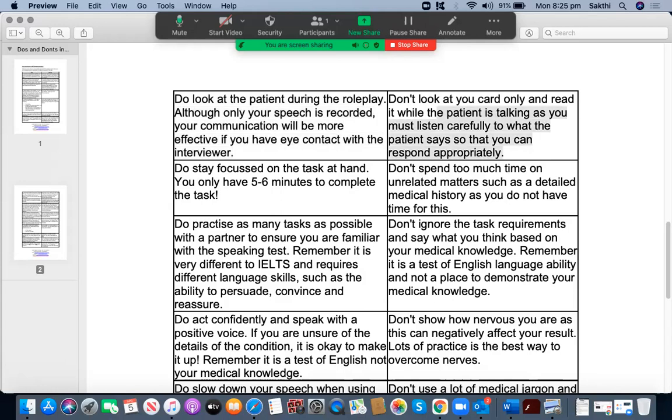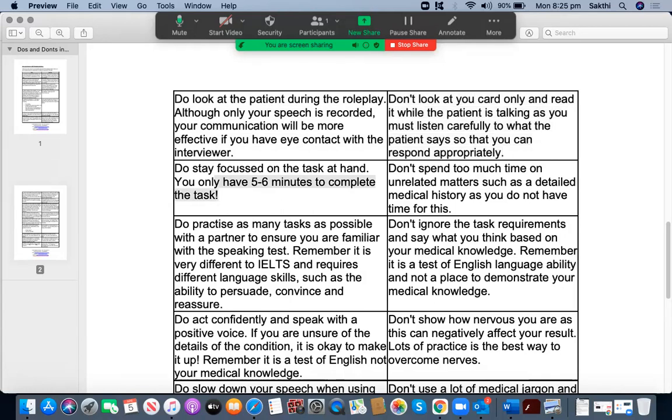What you should not do is look at your card only and read it while the patient is talking, as you must listen carefully to what the patient says so that you can respond appropriately. If you keep on looking at the role play card and just read whatever you have written on it and not listen to the patient, it is going to damage your score dramatically.